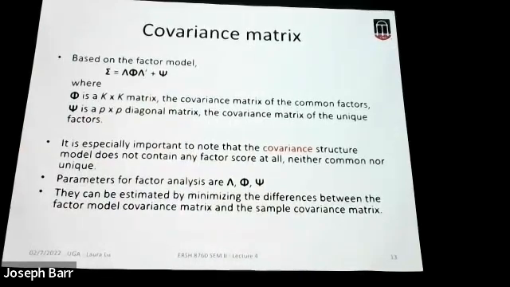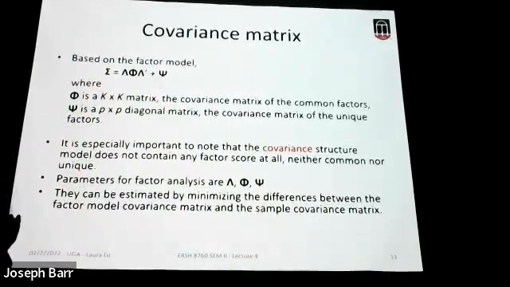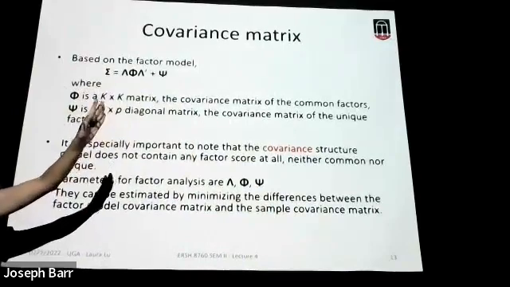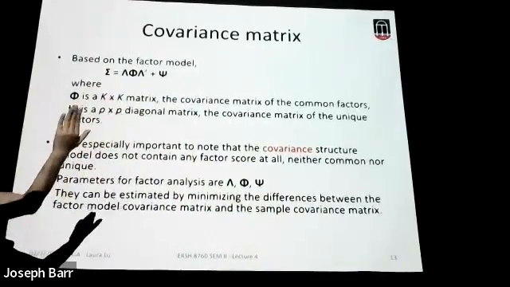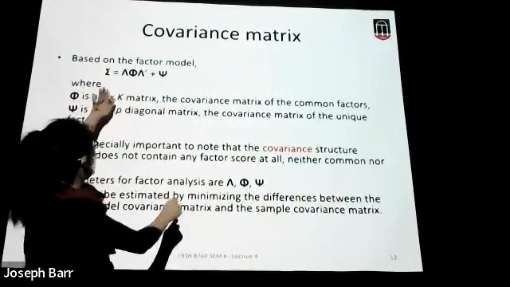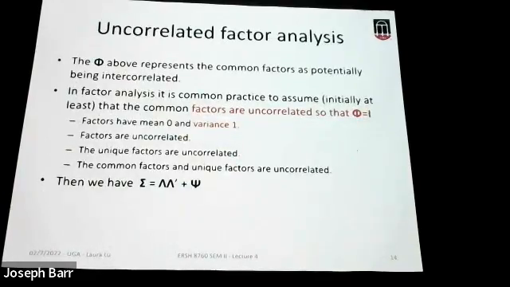And then having this capital sigma, we have the sample-based covariance matrix S. We're trying to make the difference between capital sigma and S as small as possible, just as we derived in the previous SEM1. We have different ways. We can use the maximum likelihood estimation method. We can use the least squares estimation method. Okay, so those are methods.